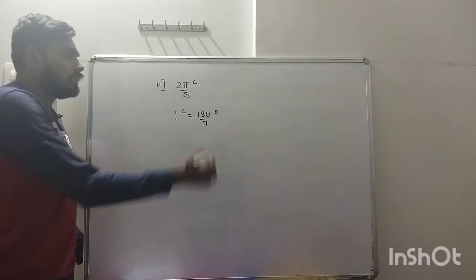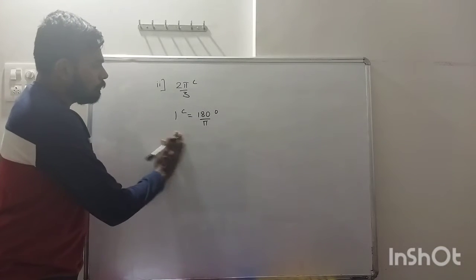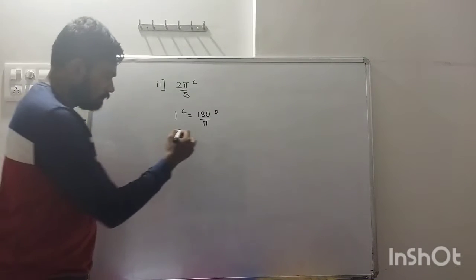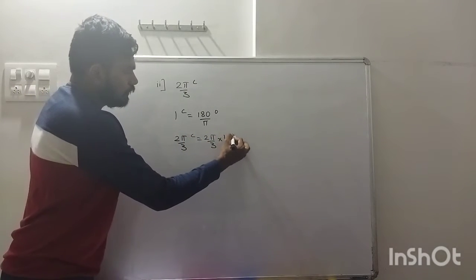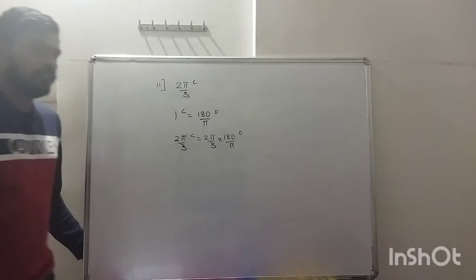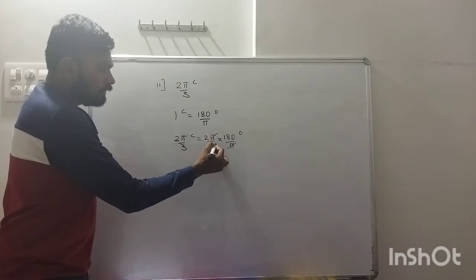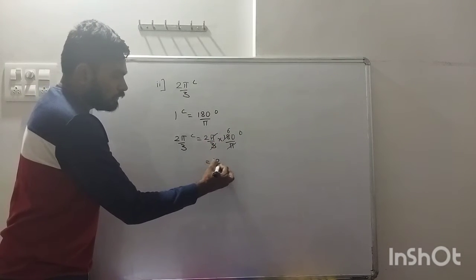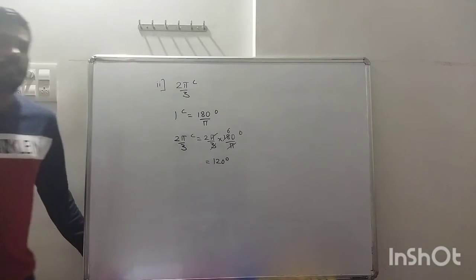So 2 pi upon 3 radians will be 2 pi upon 3 into 180 upon pi degrees. Understood? Now when we cancel this pi, and 3 into 6 is 18, 60 degrees, 2 into 60 is 120 degrees. So 2 pi upon 3 radians is 120 degrees.